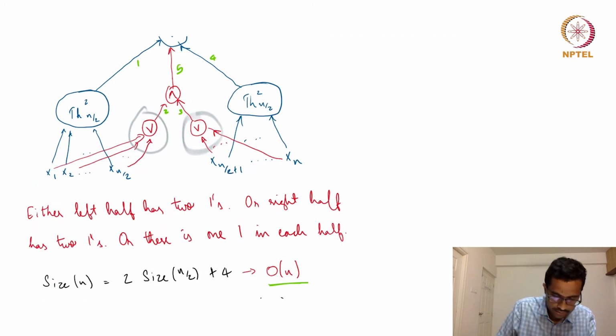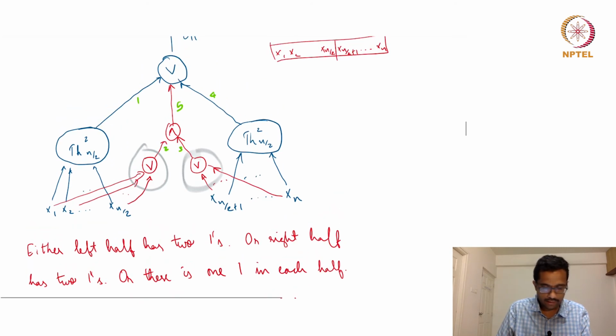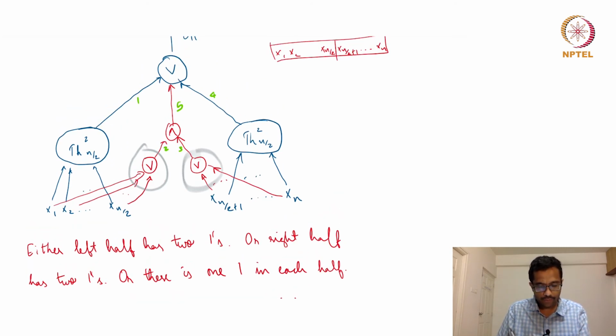For instance, this red OR gate that I have circled takes n by 2 fan-in, whereas the top level OR gate takes 3, and the AND gate takes 2. However, notice that inside these threshold functions, inside the recursive calls, you will have other OR gates which you may be able to combine to get the OR gate over here.